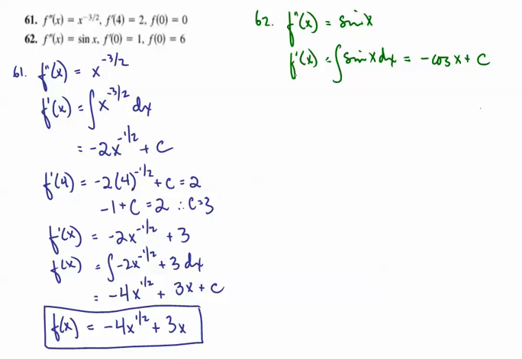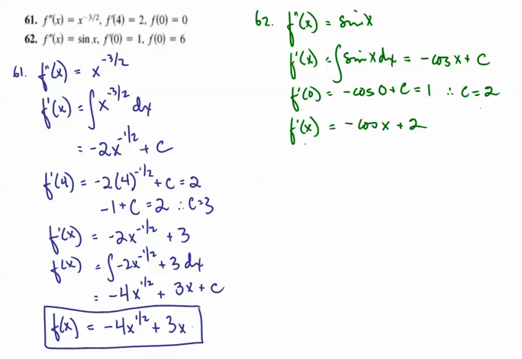We're given the point that f prime of 0, which would be negative cosine of 0 plus c, has to equal 1. Cosine of 0 is 1. Negative that would be negative 1. So therefore c is equal to 2 here. And now we know our first derivative function, f prime of x, is negative cosine of x plus 2.